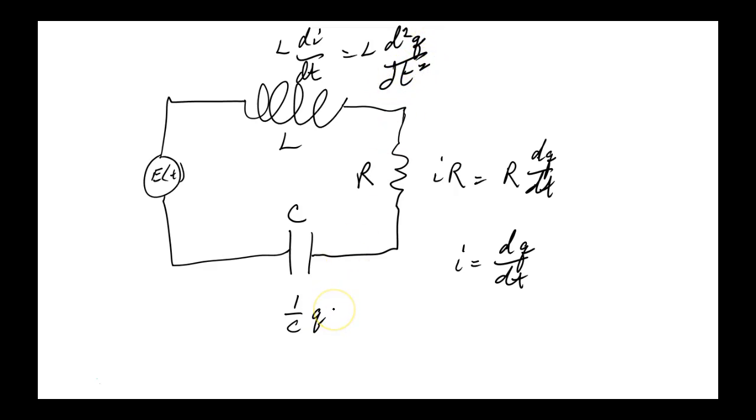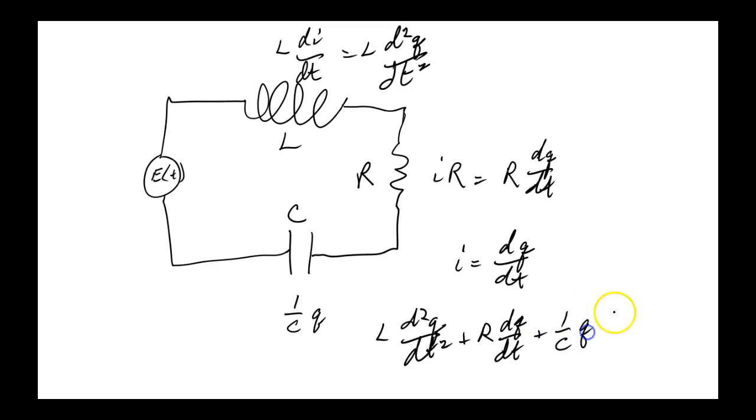And then this will just be Q. So what you have is a second order differential equation in charge: L d2Q dt squared plus R dQ dt plus 1 over C Q is equal to E as a function of t.